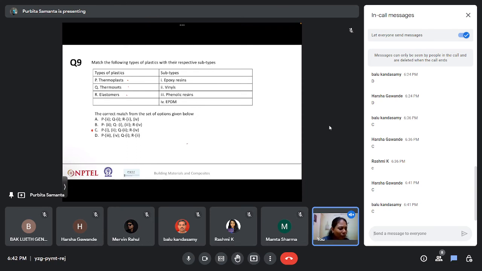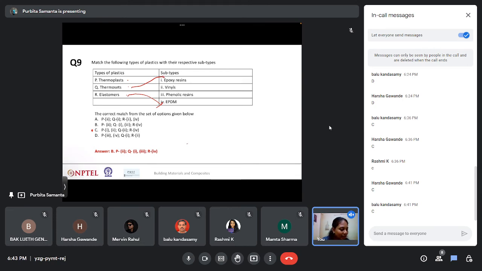So R4 is like everybody is sure about this, because elastomers, these EPDMs, are a type of elastomers only. The only doubt is about epoxy resins. So epoxy resins are basically thermosets. So this will be Q1. Okay.